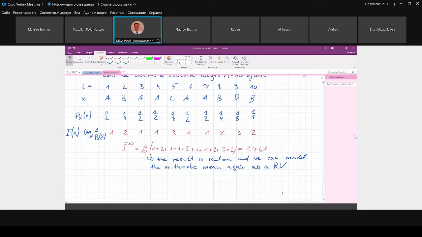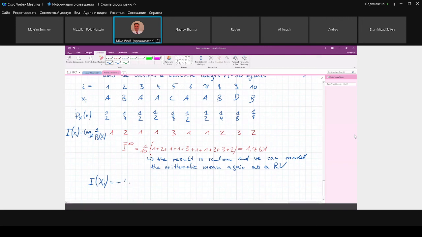Maybe there's just the time to write down the following. What is the information content of this random variable? I just want to show this is not now a concrete value. I insert a random variable, thus a function of a random variable. I just calculate a number of a random variable. It's still a random variable. So what I wrote here is a new random variable, say Y of X_i. Yeah, it's a new random variable.